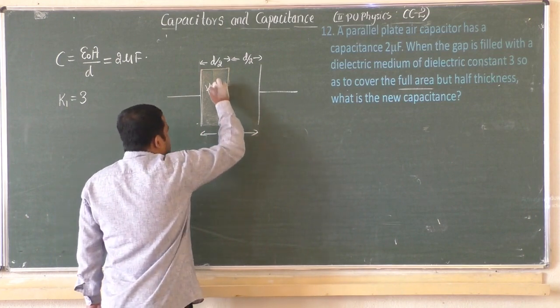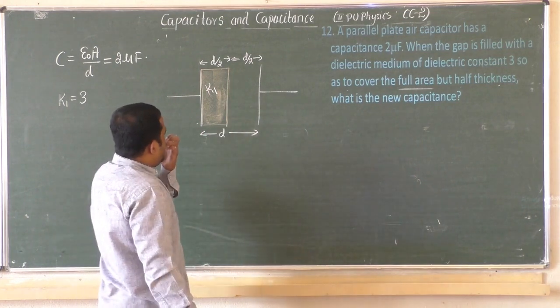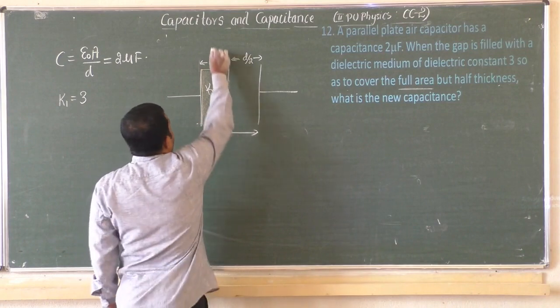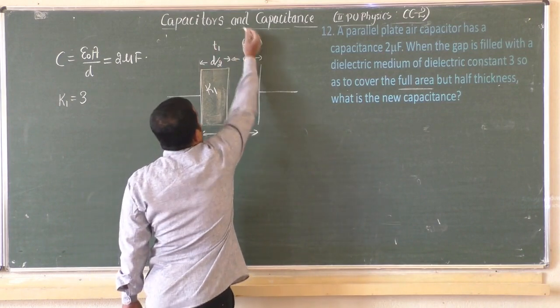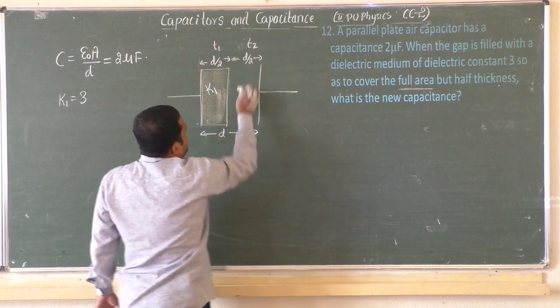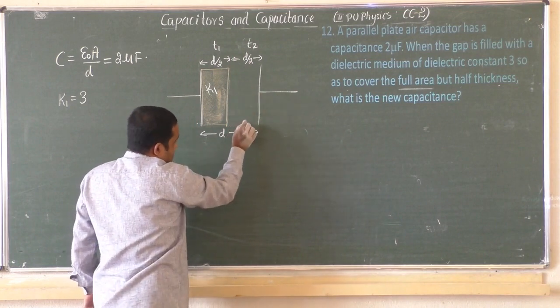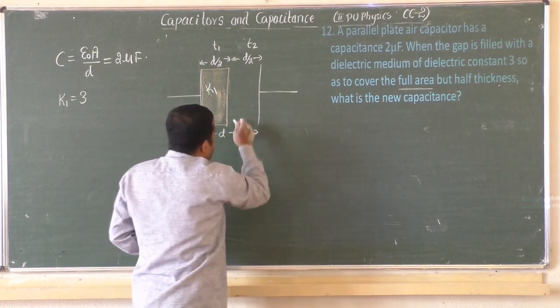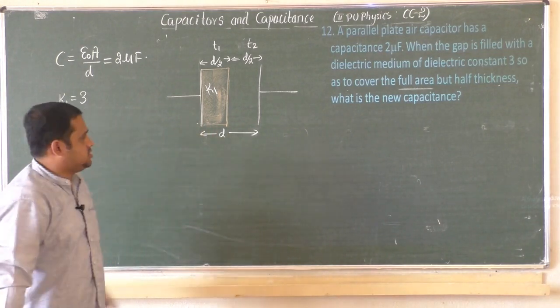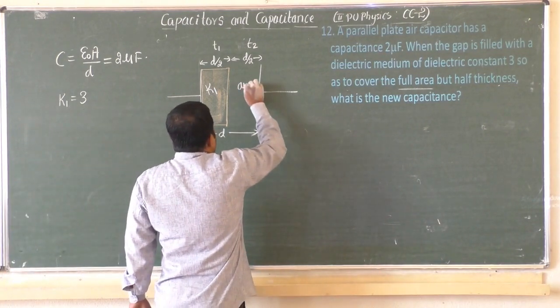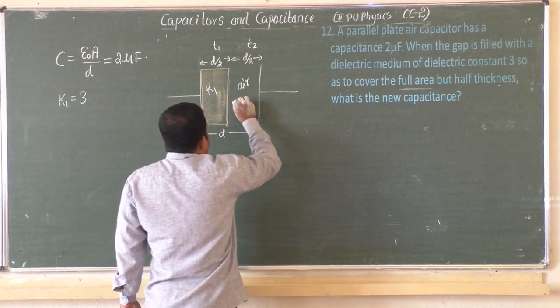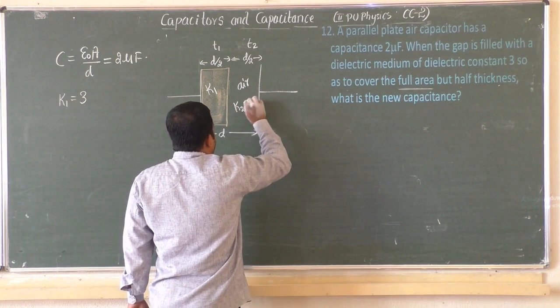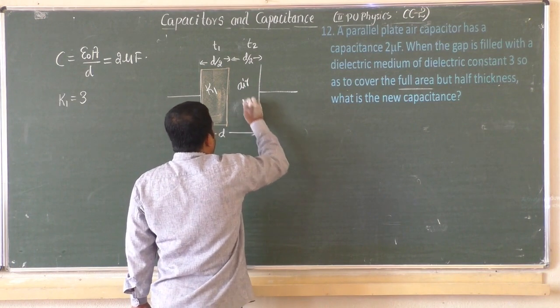Now the dielectric constant is K1 and the thickness, let it be T1, and let this thickness be T2. There is nothing regarding this part of the capacitor, which means air will be there. The dielectric constant, if I consider it as K2, is equal to 1.